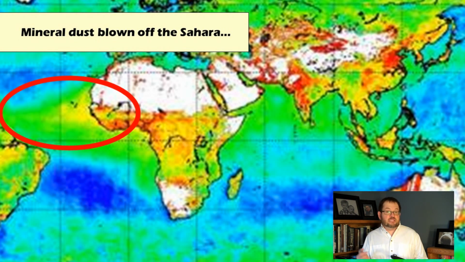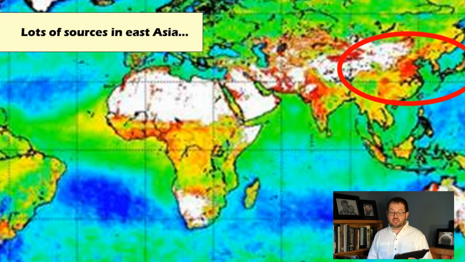That is just easterly winds taking dust off the Sahara and putting it over the ocean. That's an important source of mineral dust in the atmosphere. There's also lots of sources of mineral dust in East Asia. This is a whole soup of different reasons, from bad land practices to dirty power plants to high populations in cities and so on, all of which are contributing to a very large burden of aerosols in the Earth's atmosphere.